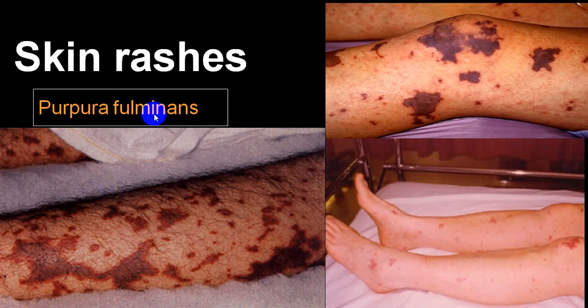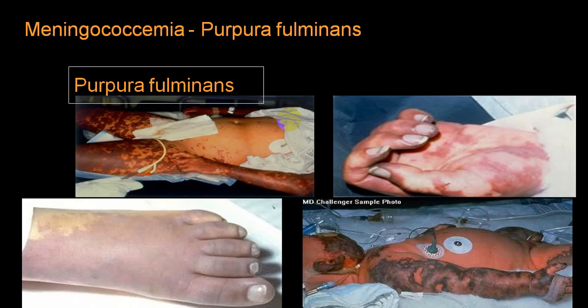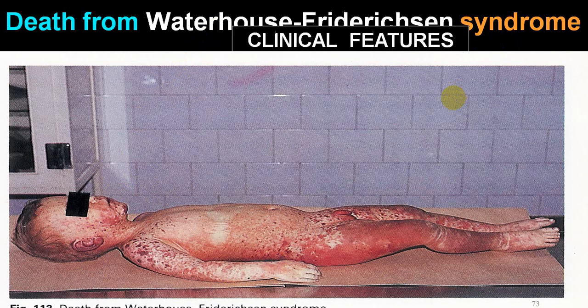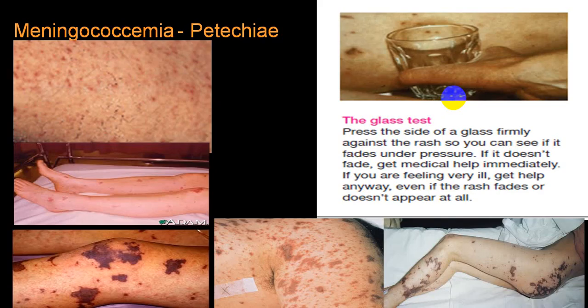This is called purpura fulminans, quite common in meningococcemia, meningococcal infection. Purpura fulminans. You can see extensive bleeding. This is very, very common in Waterhouse-Friderichsen syndrome, and that is meningococcal septicemia. Mortality rate is very, very high, and you can detect that very easily. You can separate it from others by doing a glass test. Try to differentiate that.